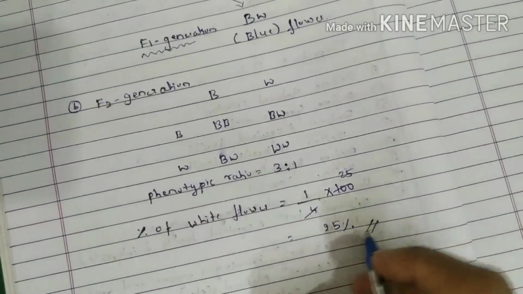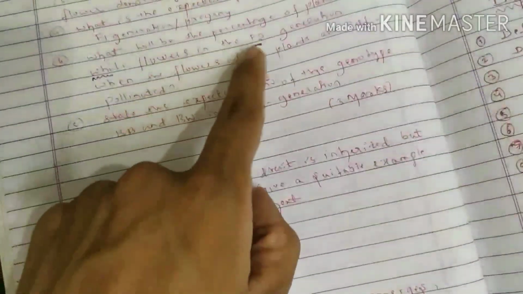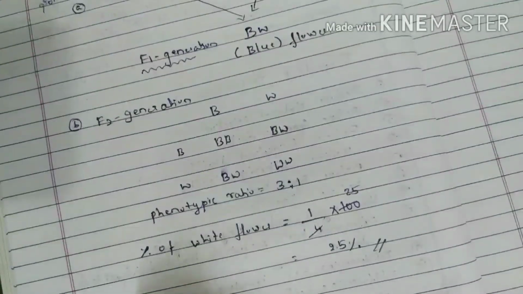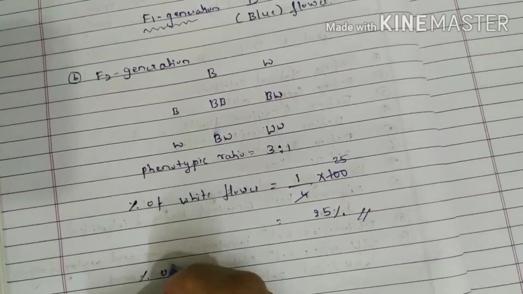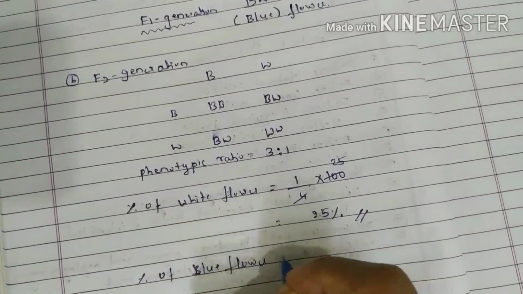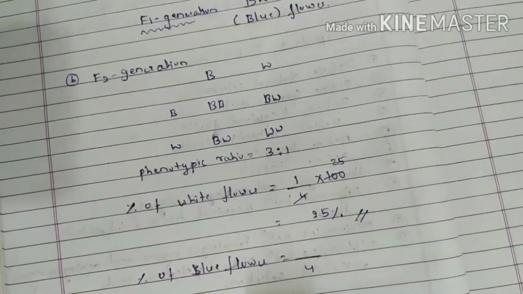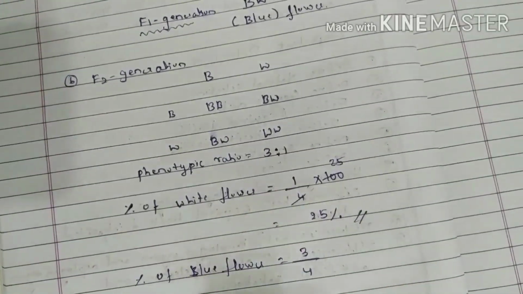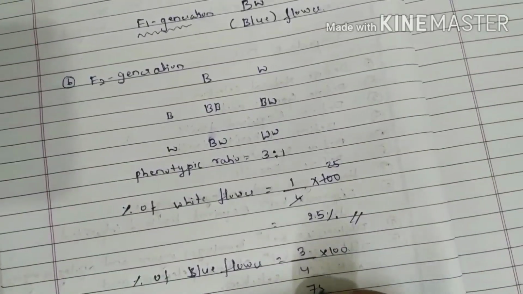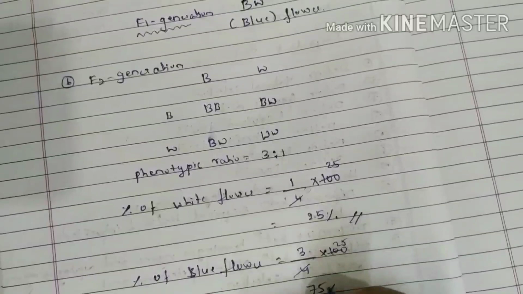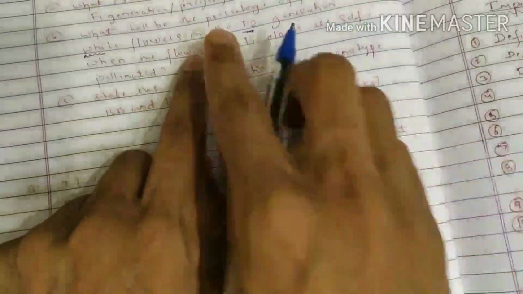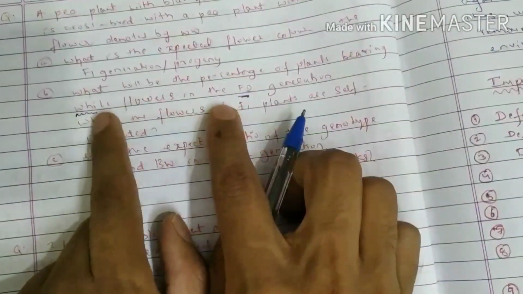So that is answer B. If they ask what is the percentage of blue flower, that is extra: the percentage of blue flower is equal to total 4 flowers obtained in the F2 generation, in which 3 are blue, into 100, so we get 75%. So 75% of blue flower. The answer here is 25% of white flowers are obtained.